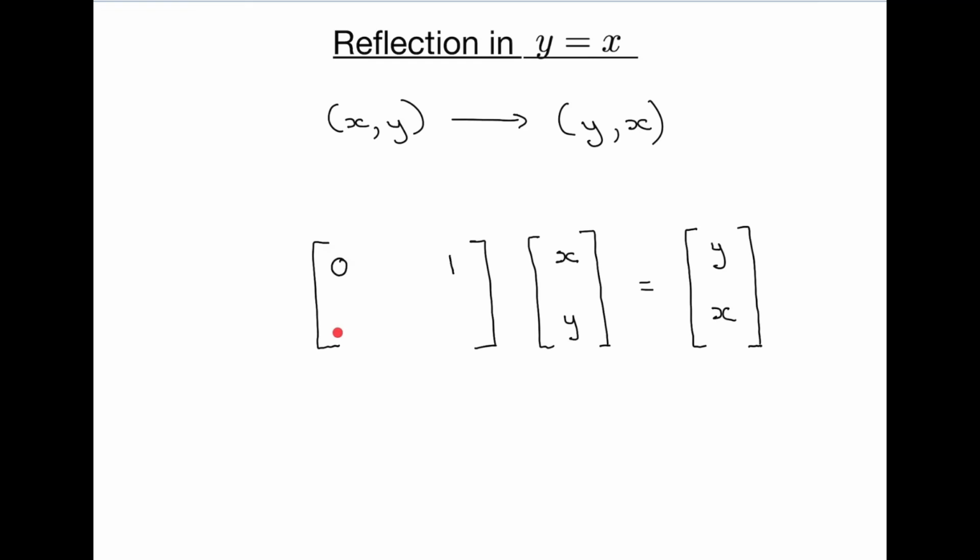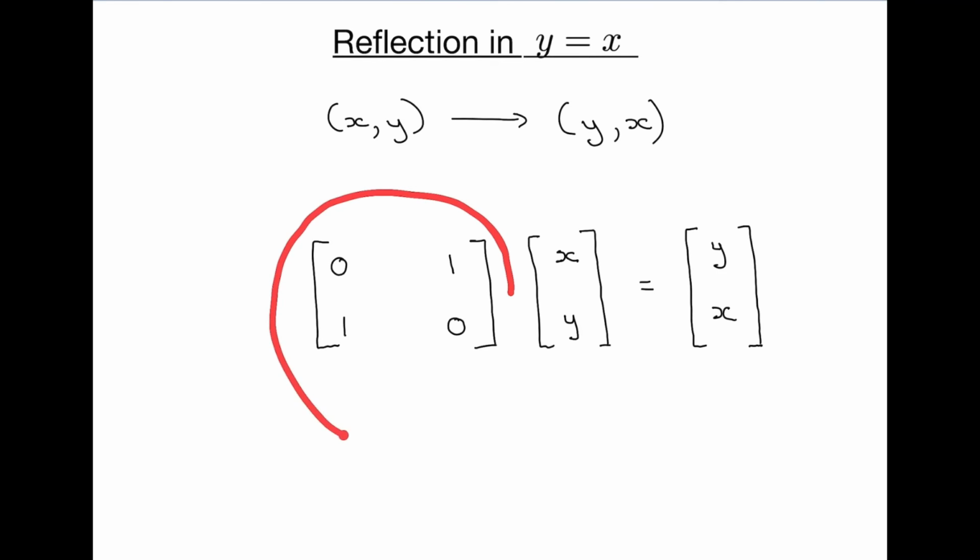Similarly, any number that we place here is multiplied to x and any number that we place here is multiplied to y. So this time 1, 0 gives us 1x plus 0 y's and a result of x in this position in our image matrix. And so now we have the transformation matrix that will give us reflection in the line y equals x.